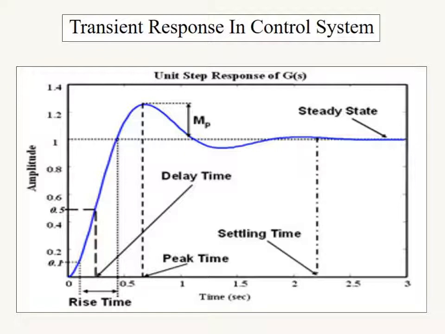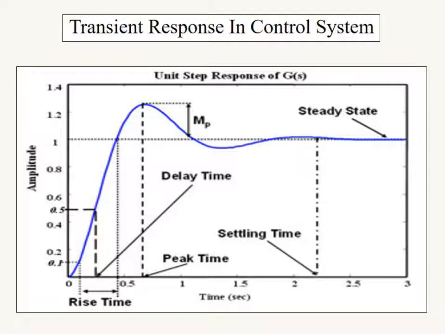In between, we have different terms related to the time response. The first is rise time. So how much time we require to achieve the steady state output, the desired output. This particular time is called the rise time.